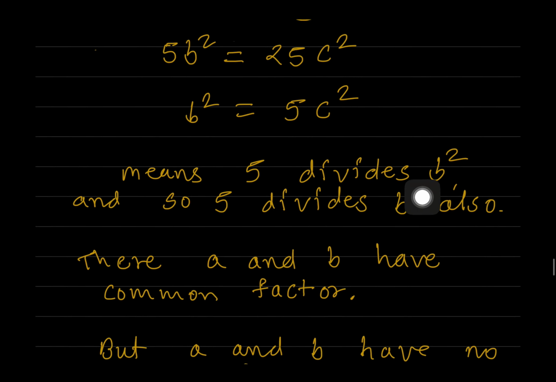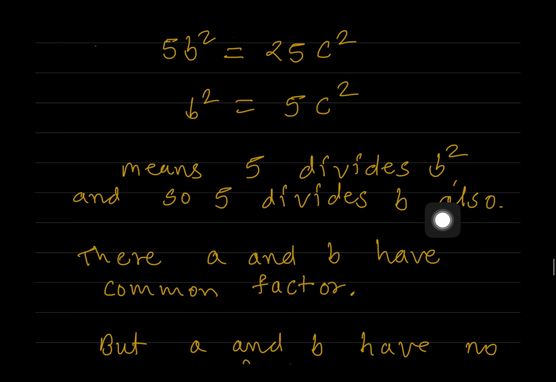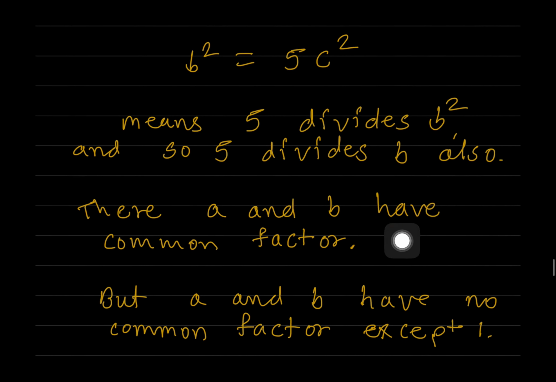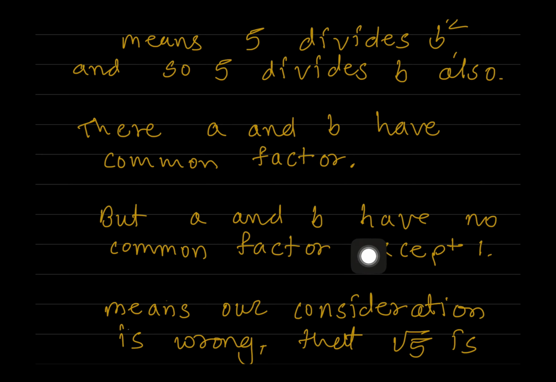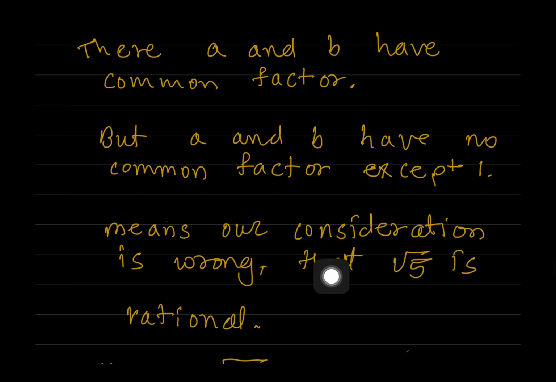This means that 5 divides b square and also 5 divides b. So a and b have a common factor here, but a and b have no common factor except 1, which means our consideration is wrong. Our consideration was that root 5 equals a upon b.